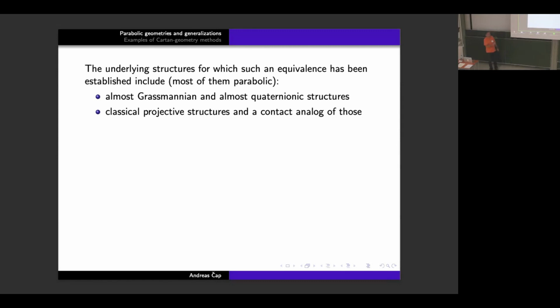One of the interesting facts about this is that any Riemannian metric has an underlying projective structure, because it has a Levi-Civita connection, and this Levi-Civita connection has geodesics. And some interesting features of Riemannian geometry, for example, the Riemannian deformation complex, admit a projectively invariant description. So there are interesting relations to Riemannian geometry here.